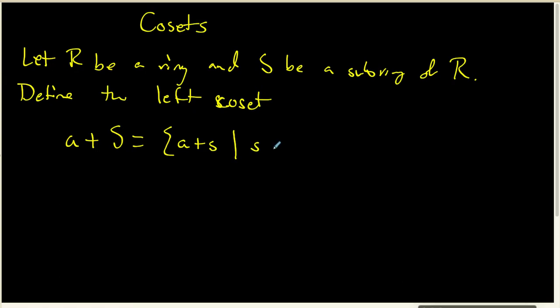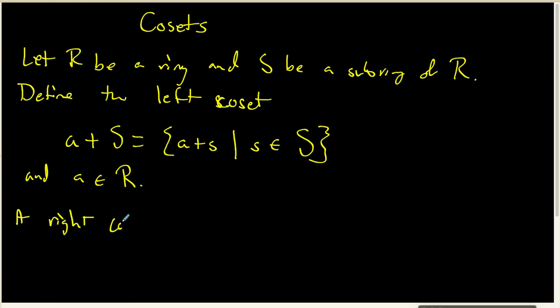s, where little s ranges over all of the elements of our subring S, and a is just a particular fixed element of R. Now, it's important to realize that there is such a thing as a right coset.